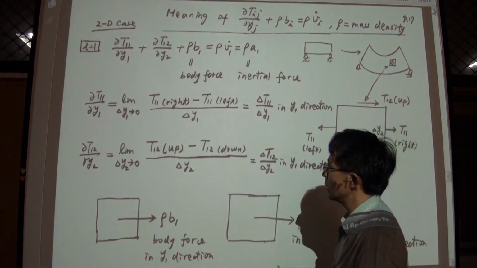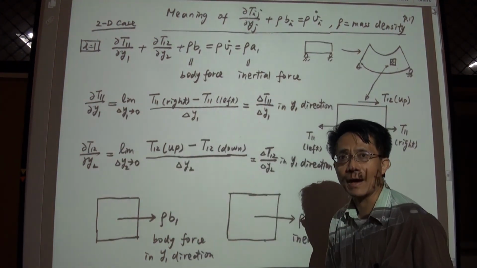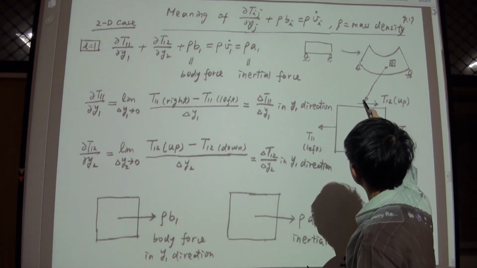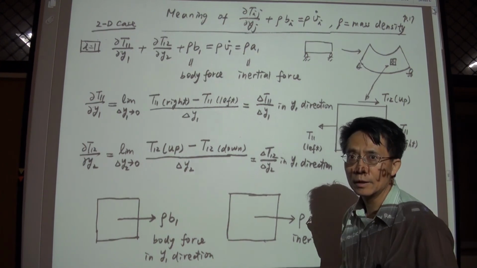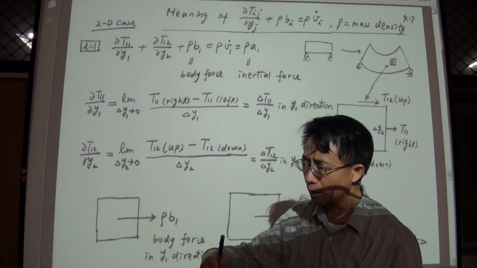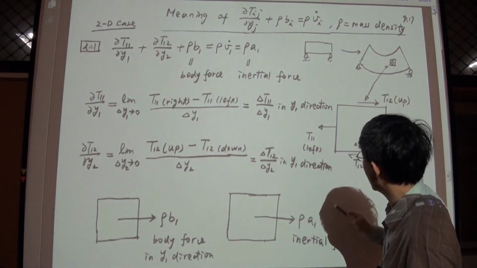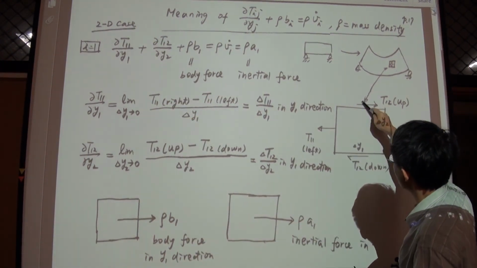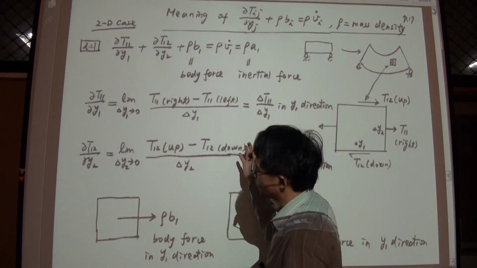So this term means that we are taking the effect of the shear traction changing. The shear traction is changing when the y2 direction is changing. From this one will not be equal to this one, so we have this term.